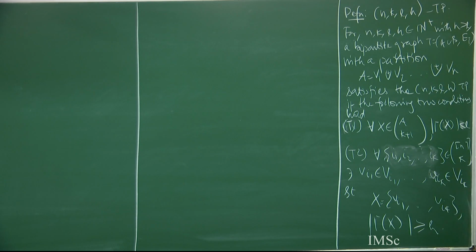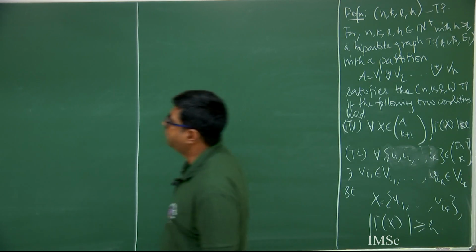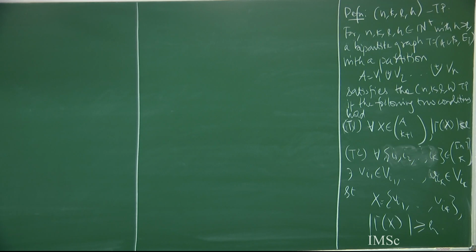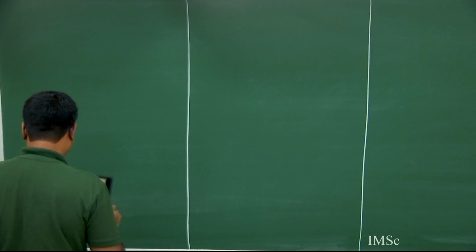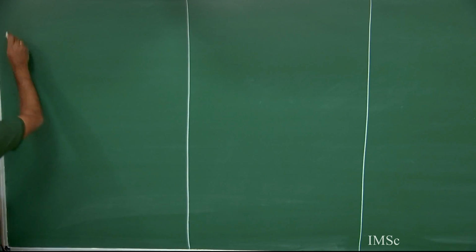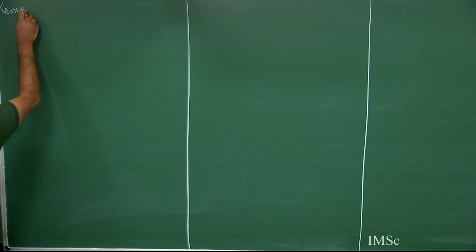So these are the (n, k, l, h) threshold properties we were interested in, and the first objective of today is a lemma which I want to prove.